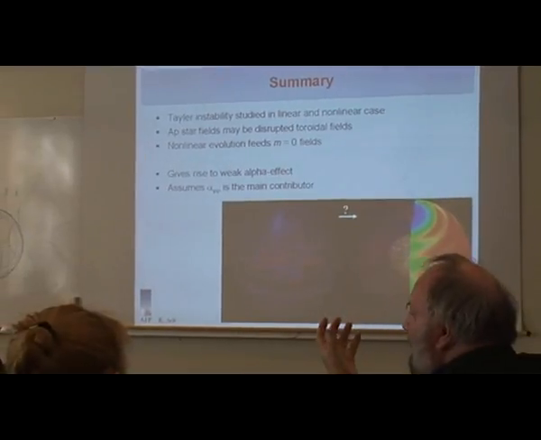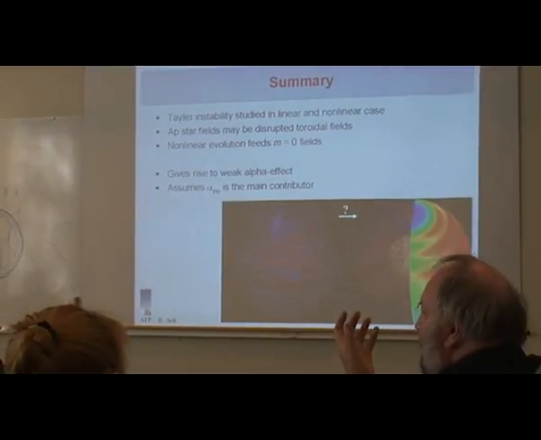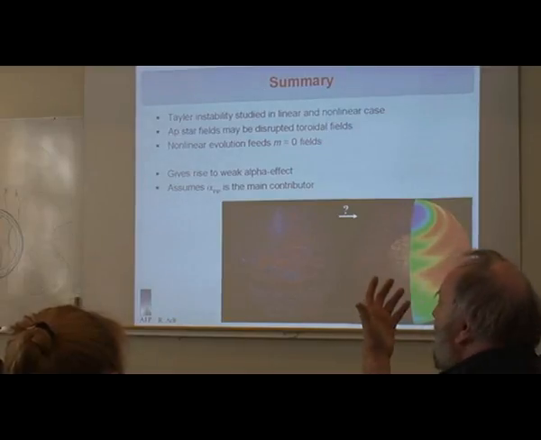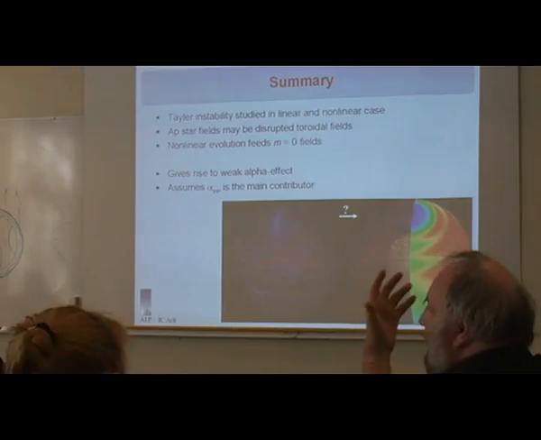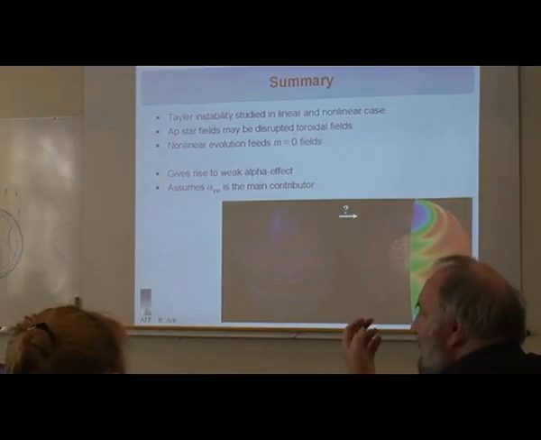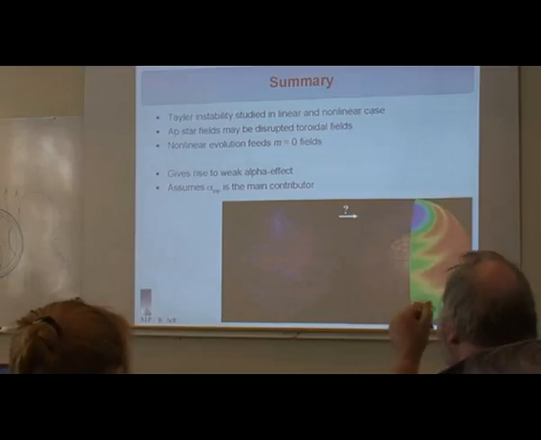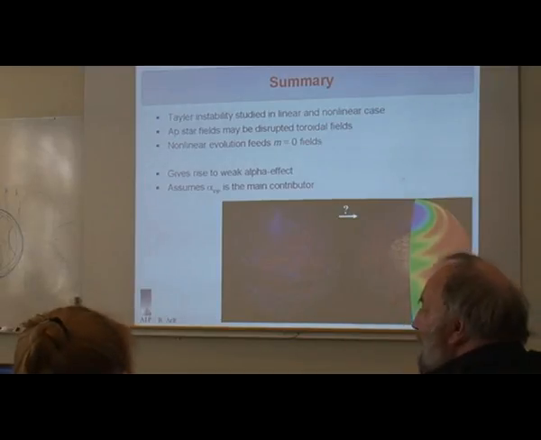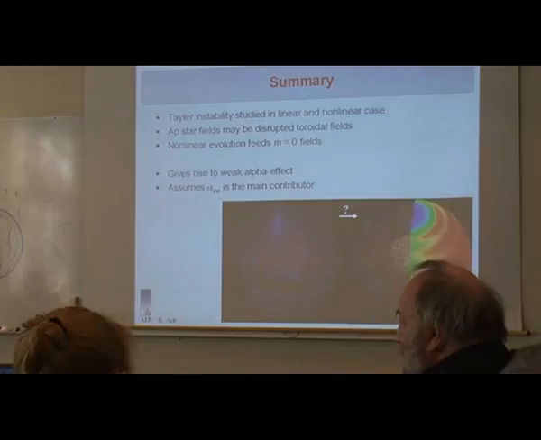If the poloidal field survives the collapse, then the star produces over a long time a strong toroidal field. It is unavoidable. And only this strong toroidal field gives the motivation to think about the Taylor instability. Without a strong toroidal field, it makes no sense.